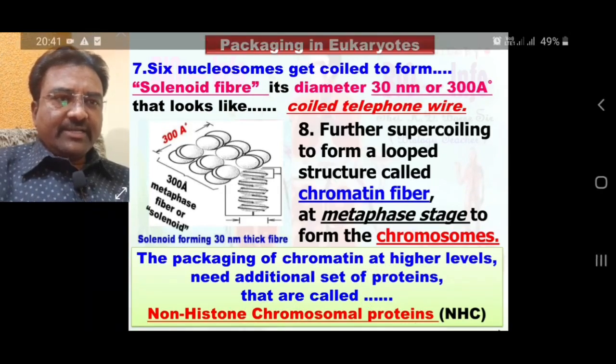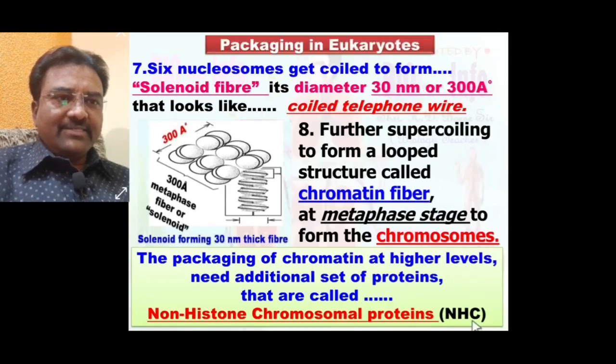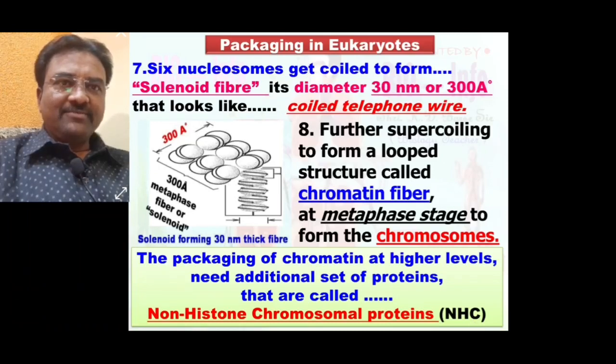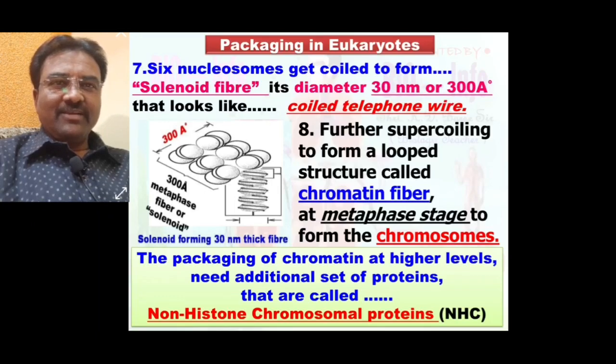In short, NHC means non-histone chromosomal proteins, needed for packaging of chromatin at a higher level. Up to this point we have discussed DNA packaging in eukaryotes in detail. I hope that you understood everything.